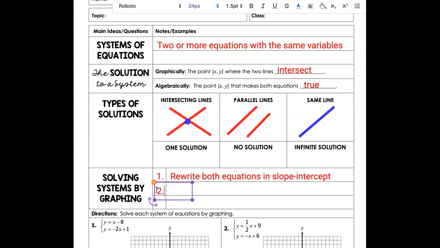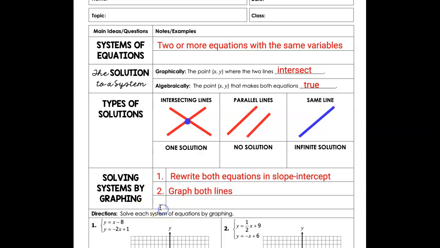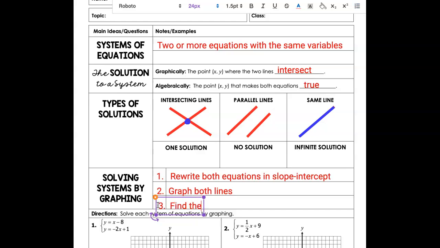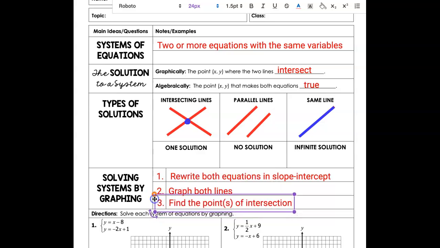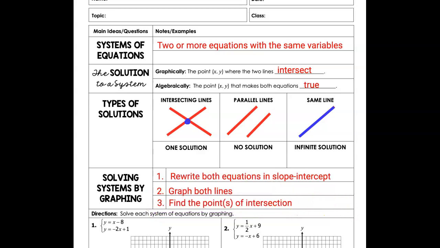Then we are going to graph both lines. And then our last step, we'll find the point of intersection. So basically today we're just graphing two lines at the same time, seeing where those two lines cross.